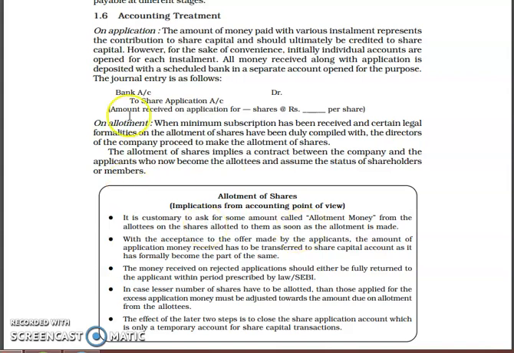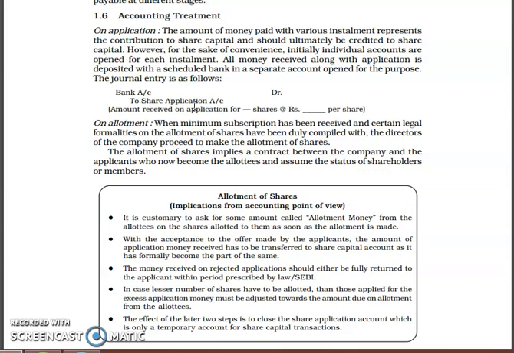The first journal entry is for receiving the application money: Bank account debit to Share application account. This is again a revision which we are doing. The detailed version will be available in your textbook.